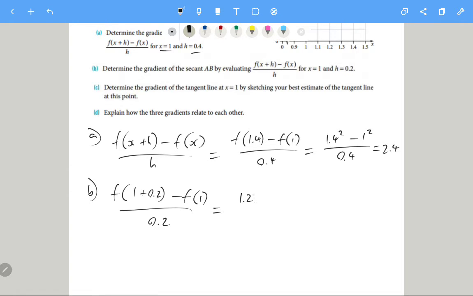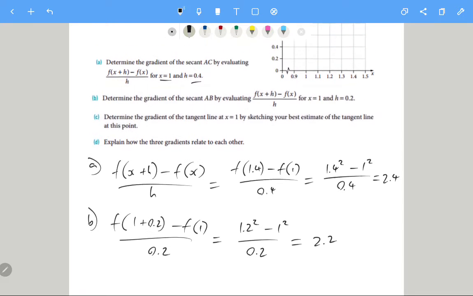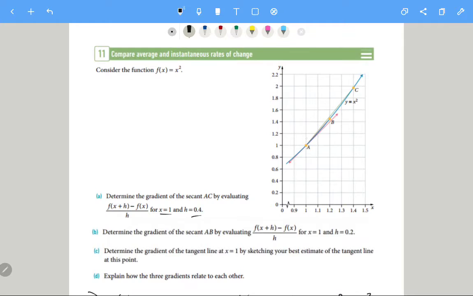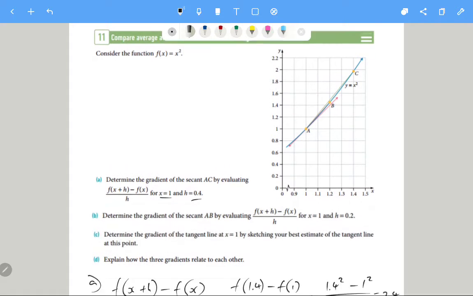So it's 1.2 squared minus 1 squared over 0.2, and this time we get 2.2. So it's gotten a little bit smaller. So that means that the secant AC is a little bit steeper than AB. Not by much, but this is a little bit steeper than this, which isn't too surprising.